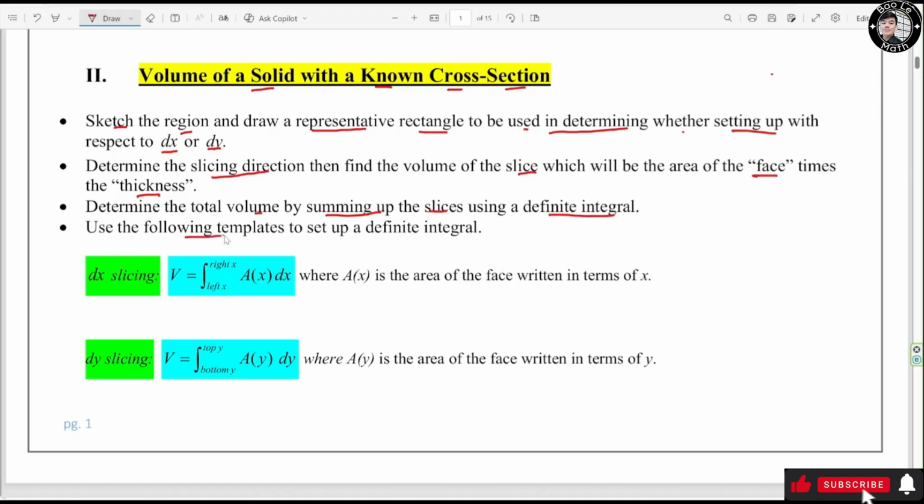Lastly, use the following templates to set up a definite integral. For dx slicing, you're going to use this formula, where A of x is the area of the face written in terms of x. For dy slicing, you're going to use this formula, where A of y is the area of the face written in terms of y.